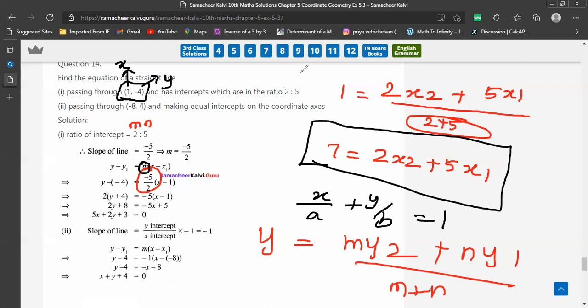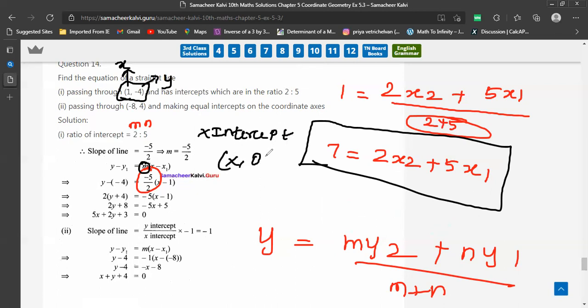We can do one thing. You can assume the coordinates for the x-intercept. For the x-intercept, you can assume your coordinates as x comma 0.